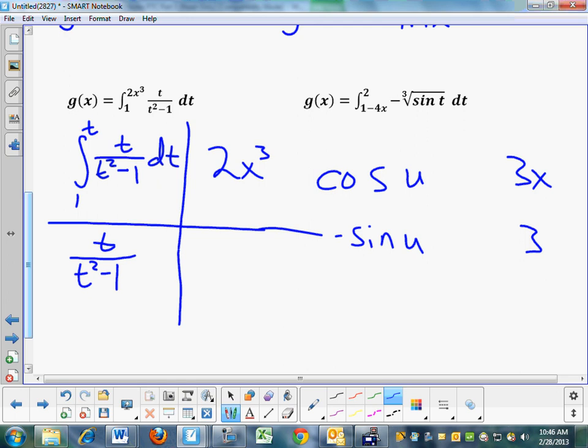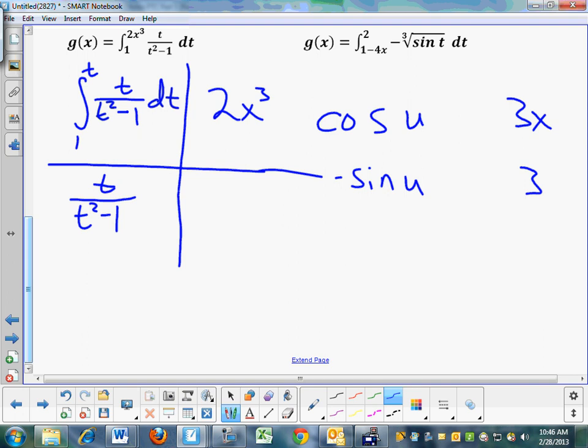What do you get if you take the derivative of this? 6x squared. Now, no. Remember, the chain rule says you take this times this, but you have to substitute this back into those spots. 2x to the third back in here.